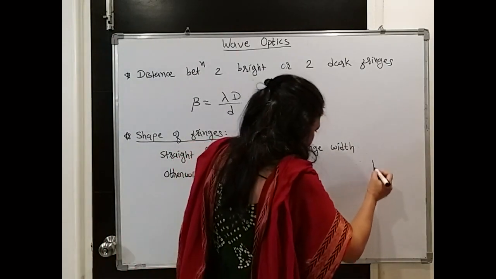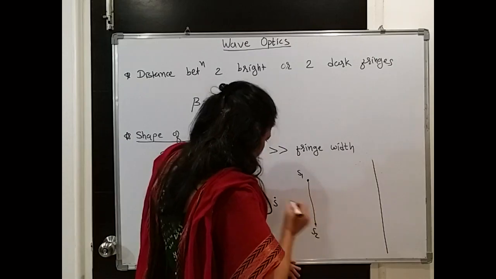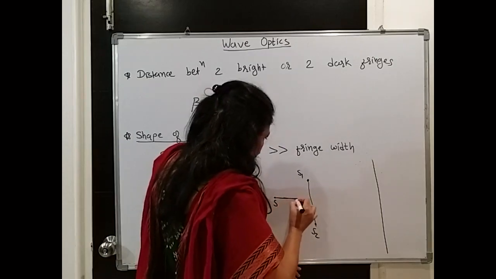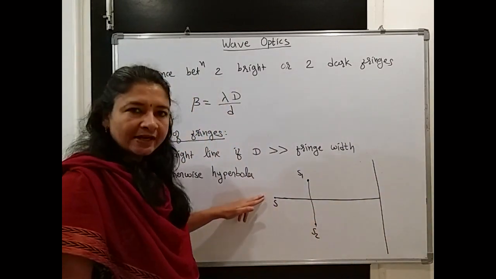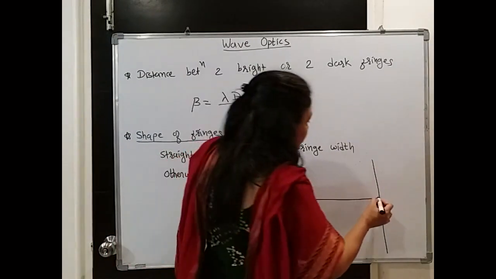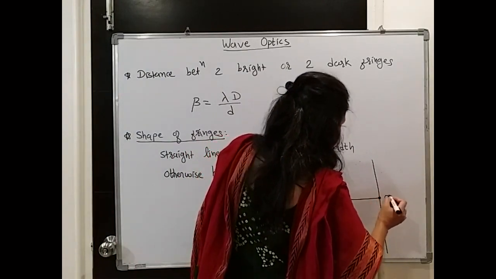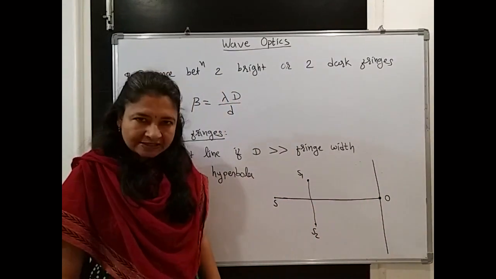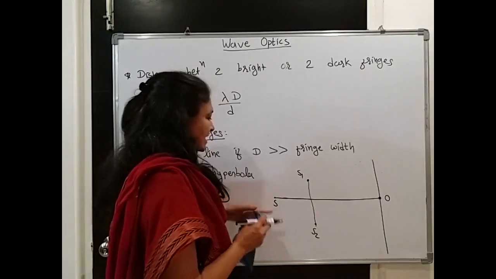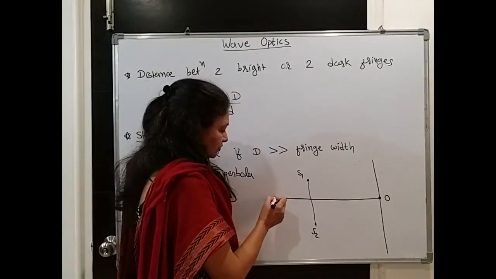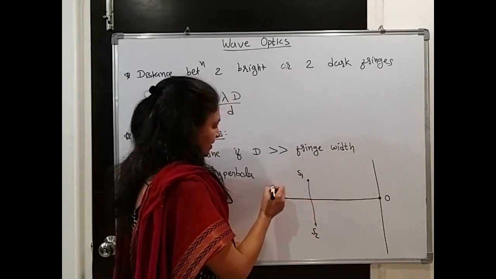Now, if my main source is on the perpendicular bisector of S1 and S2, then the central bright will be here, also on the perpendicular bisector. But what will happen if the main source is not on the perpendicular bisector, but somewhere here?